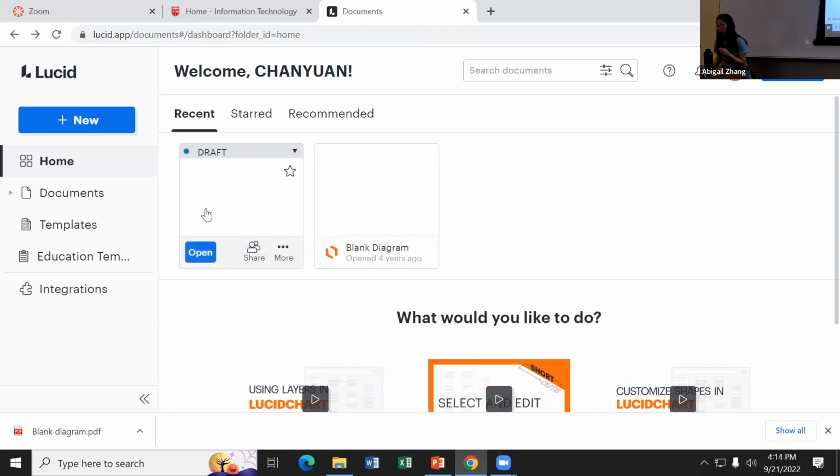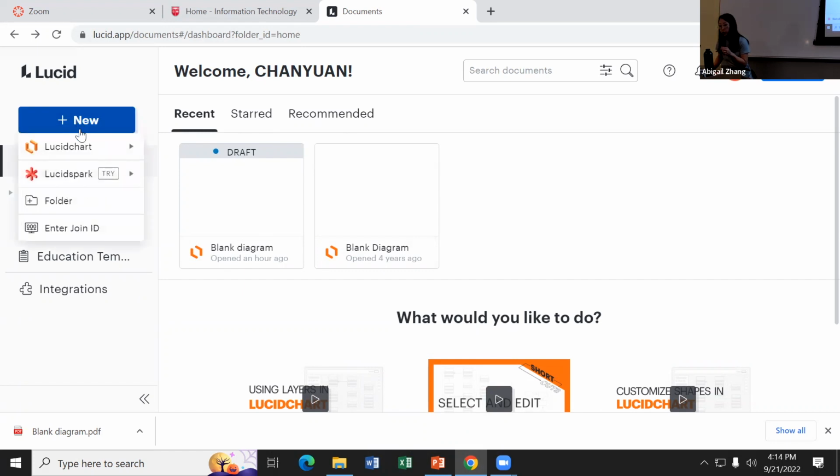If it's your first time using it, you can create a new diagram by clicking this blue button called New, and then you go to Lucidchart and select blank document.